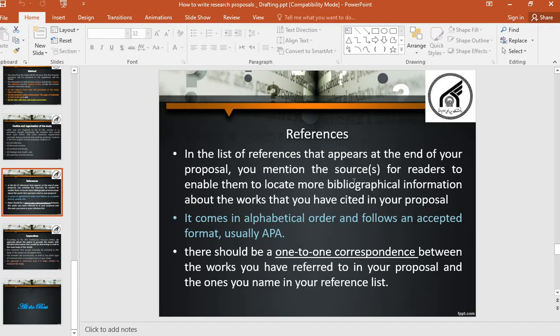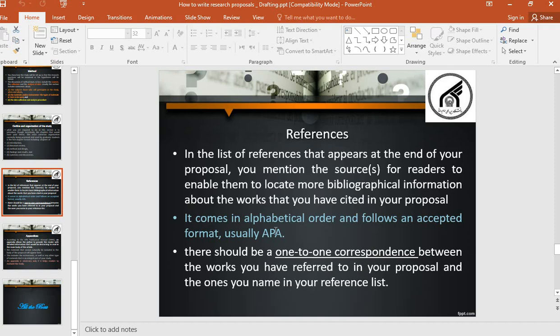So you give the information of the articles and books that you have used, and you insert all those names of the authors and books at the end of your proposal, which is called references. The works means those researches which you have read.